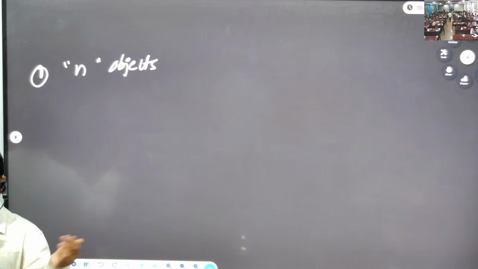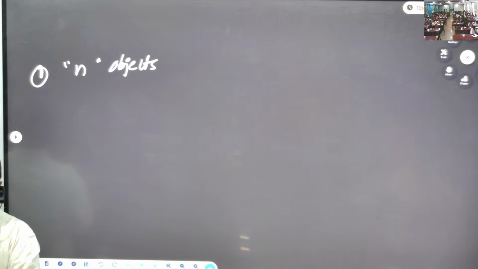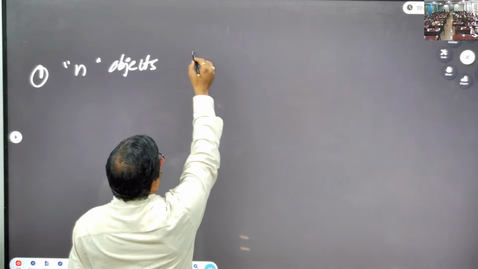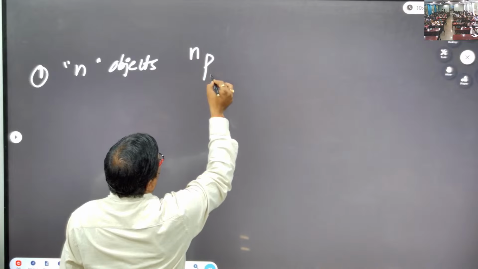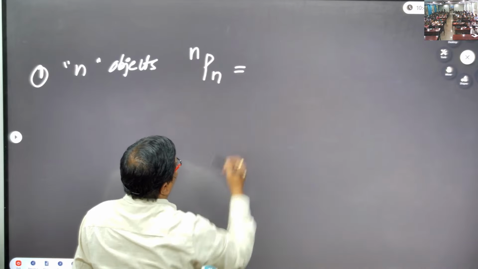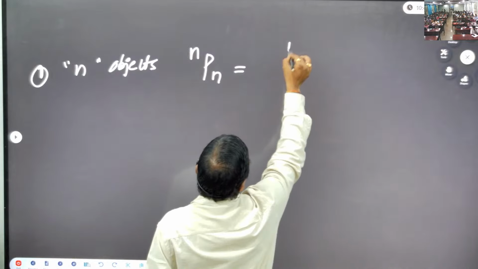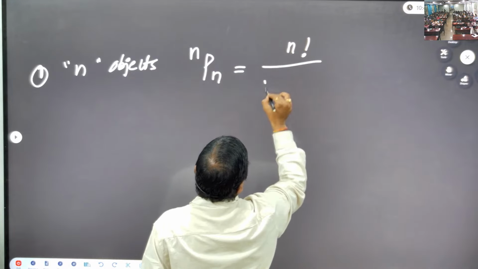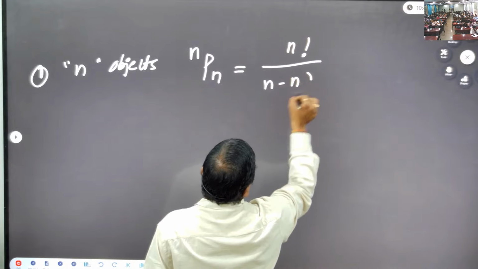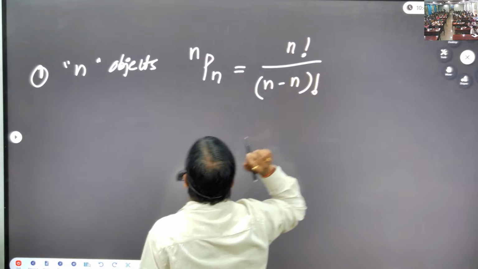If n objects are there, instead of using r objects, now I am using n objects. So my formula is going to be nPr or nPn. nPn is equal to n factorial by (n minus n) factorial, not r factorial.